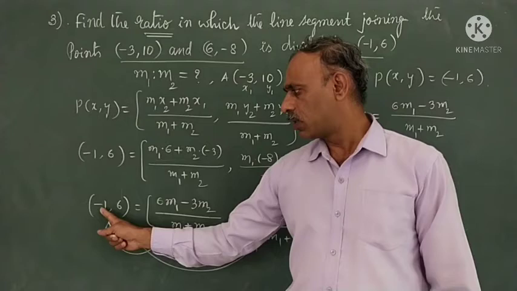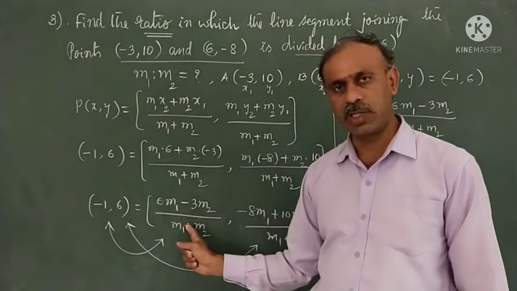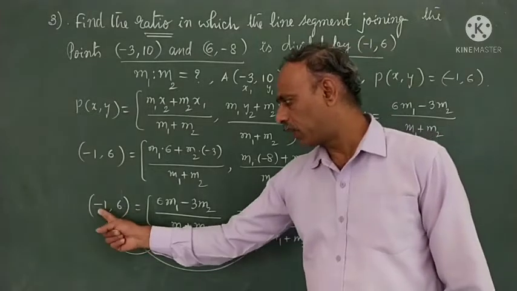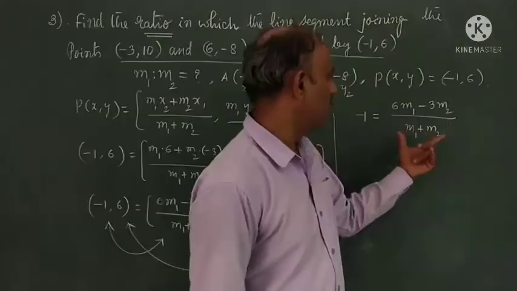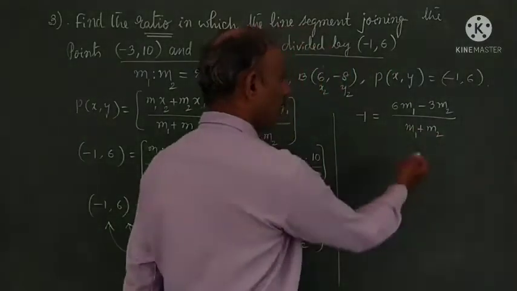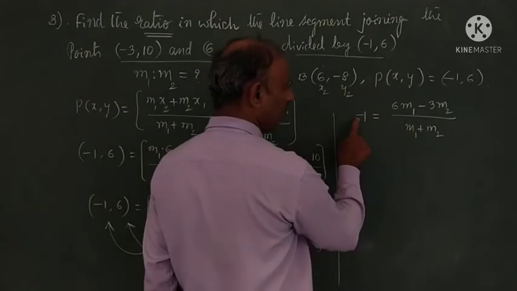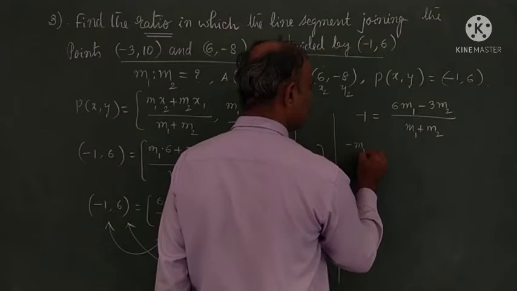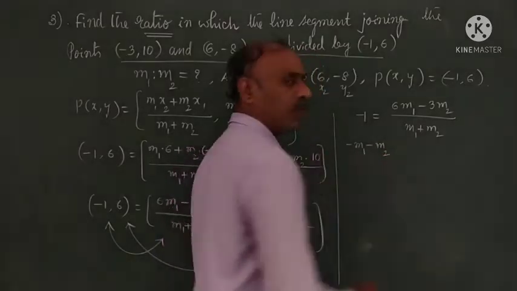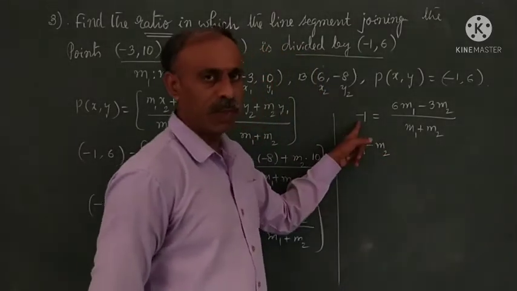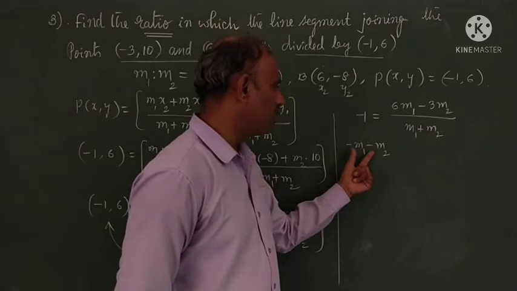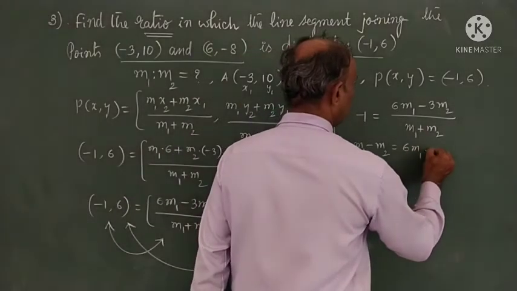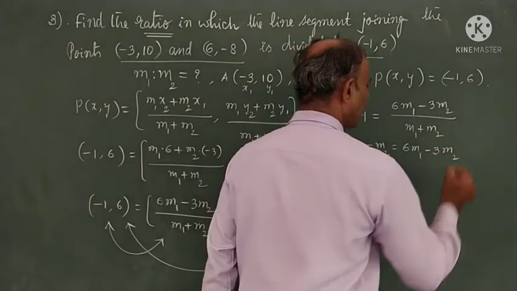Now I am going to cross multiply. If you cross multiply, -1 into m1 plus m2 gives minus m1 minus m2, which is equal to 6m1 minus 3m2.